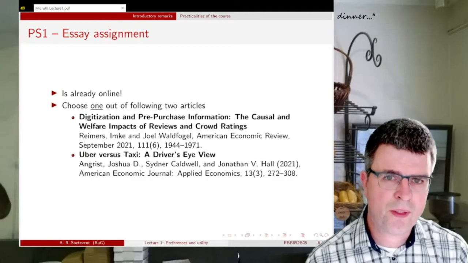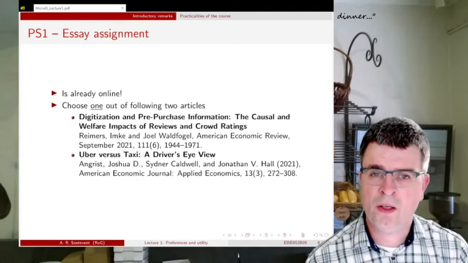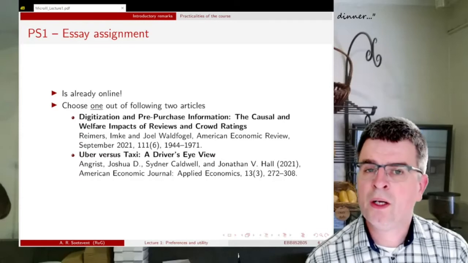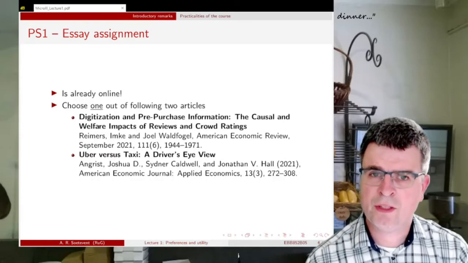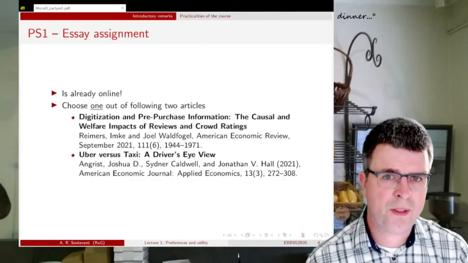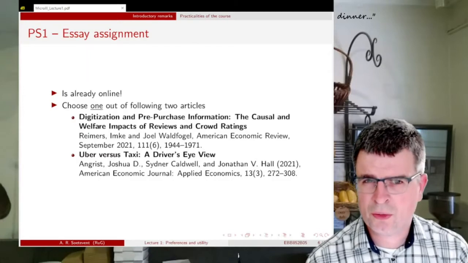What Waldvogel and Rijmers do is they look at these Amazon book ratings and they measure whether the Amazon book ratings have an impact on the sales of certain titles. Not only that, they also consider the consumer surplus.